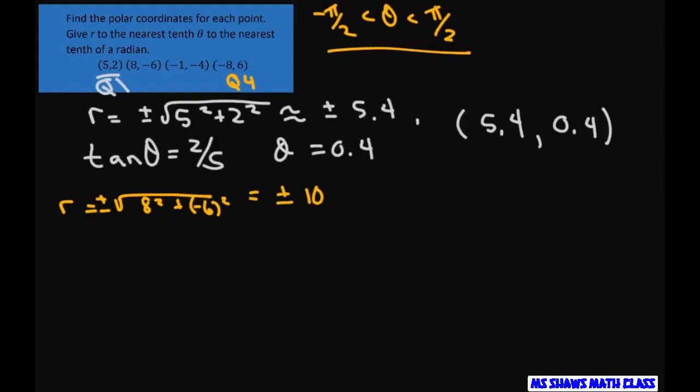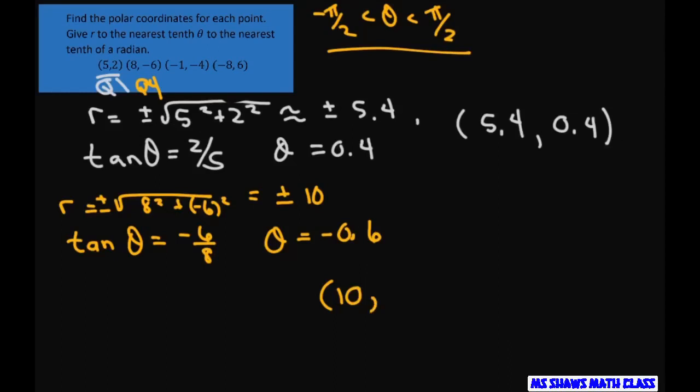All right, and then tan of theta equals negative 6 divided by 8. So our angle is negative 0.6. So since we're in quadrant 4 here, our answer is just going to be whatever's given, 10, comma, negative 0.6.